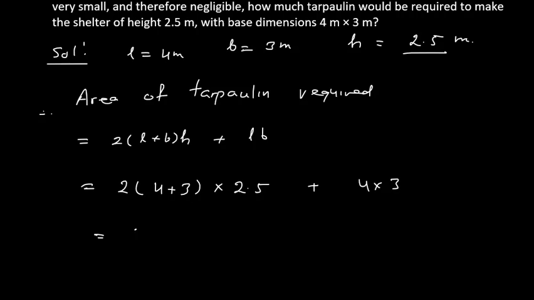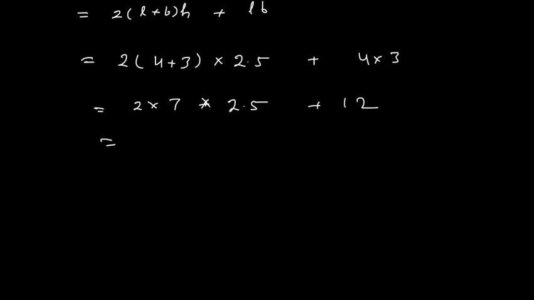This is 2 into 4 plus 3, 7 into 2.5 plus 4 3s are 12. So here 2 into 2.5 is 5, 5 7s are 35. So this is 35 plus 12, it is 47 meters square.